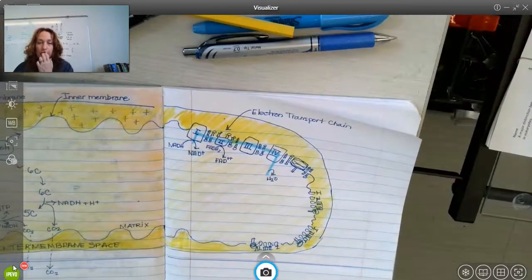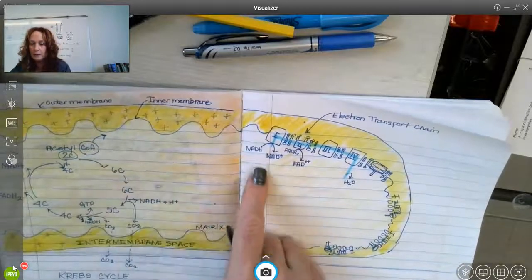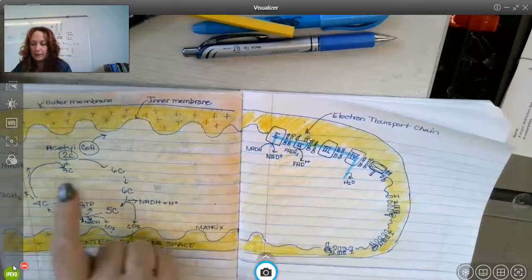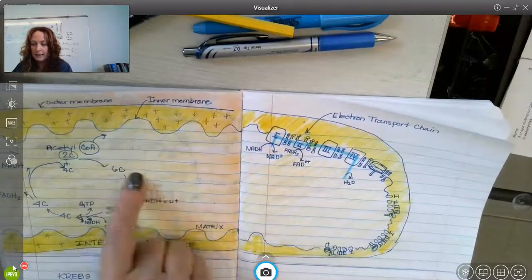So as we learn about this, we're going to show the pathway of all of these NADHs coming here, and all of the empty buses, the NADs going back.